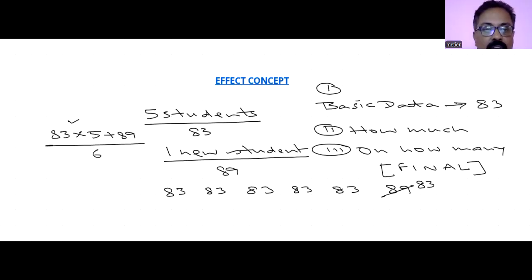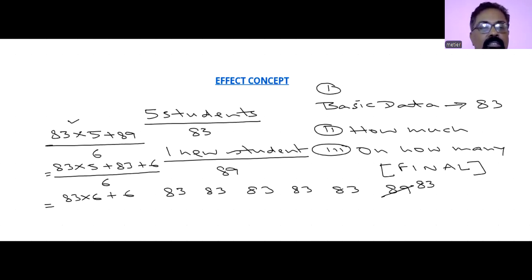If we go with this conventional calculation, 83 into 5 plus 83 plus 6, divided by 6. Here we have 83 into 6 plus 6, divided by 6.